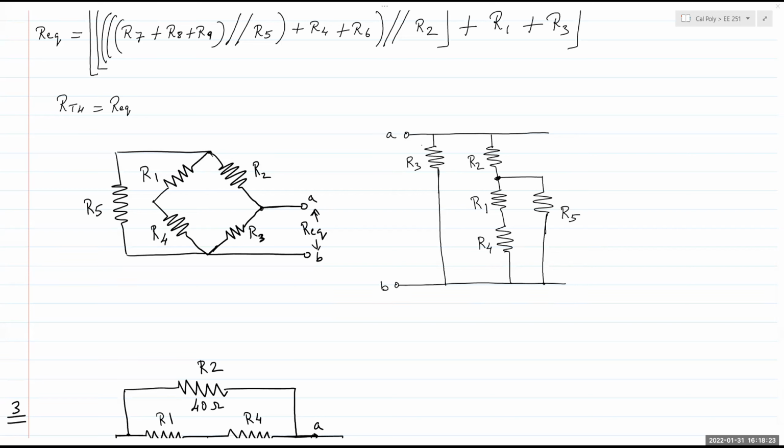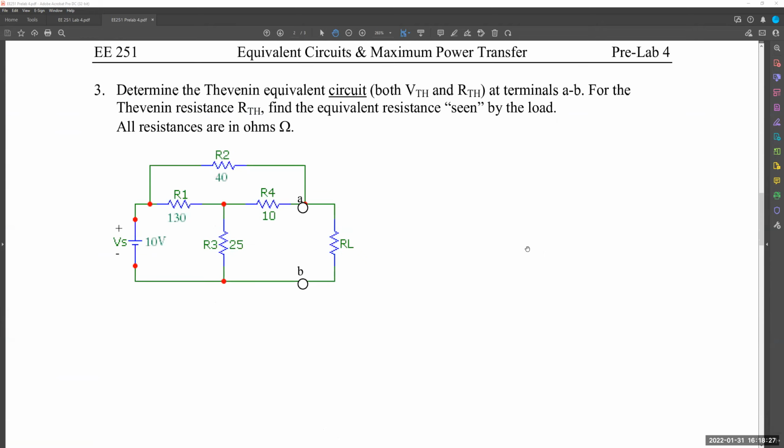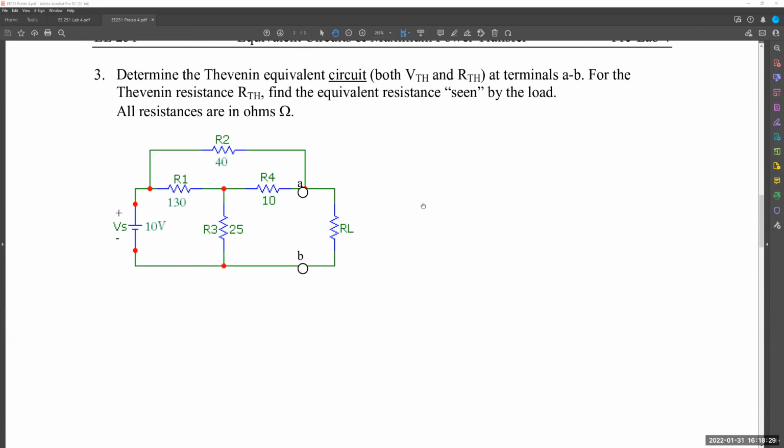Now, question number 3 asks you to find the Thevenin equivalent circuit at terminals A and B as seen by the load. Now, when you find VTH and RTH as seen by the load, the first thing you should do is remove the load from your analysis.